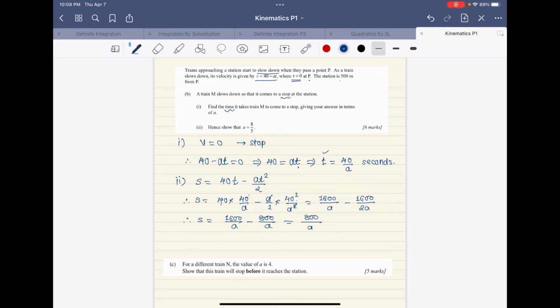Now they have given 500. The station is 500 from P. That means s is equal to 500. So 500 is equal to 800 over a. So a is equal to 800 over 500, which is 8 over 5.